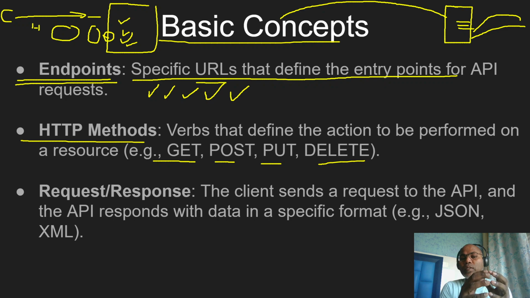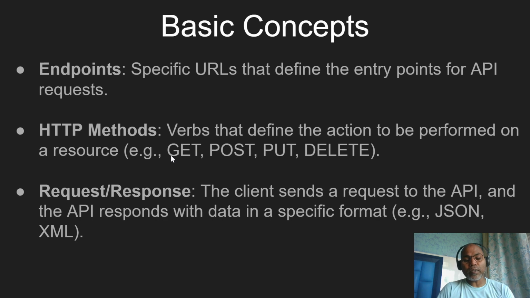A get request means the client is interested in getting data from the server. A post request means I am submitting some data, please store it on the server. Put means I have data I want to modify. Delete means I want to remove some data. So the HTTP method is specifically mentioned in the API design.